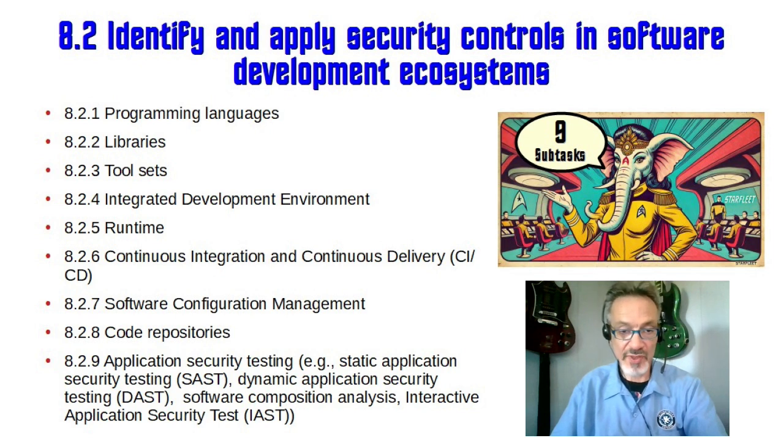We'll cover various security testing methodologies like static application security testing, dynamic application security testing, and interactive application security testing. Each of these subtasks plays a significant role in the broader goal of securing software development life cycles. These topics may overlap with other areas, but remember, repetition is by design. It reinforces those very important principles.